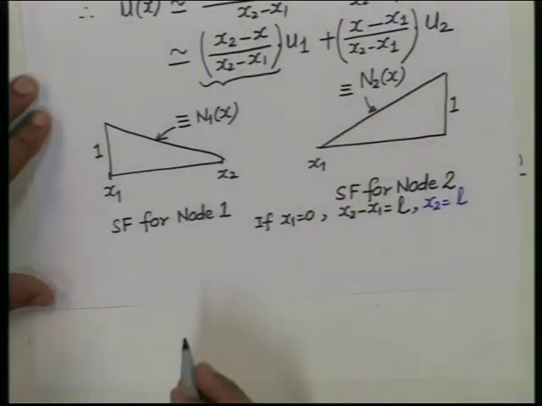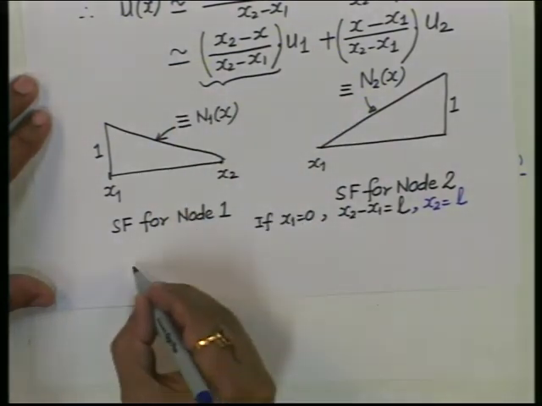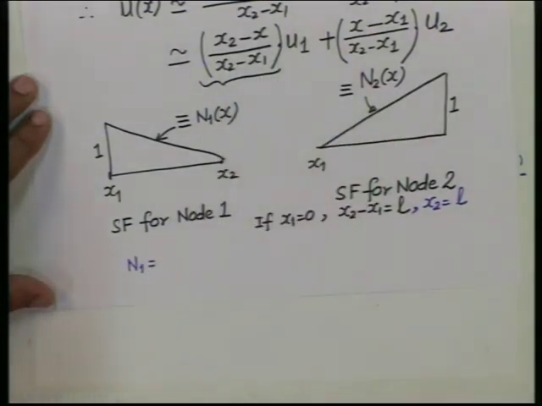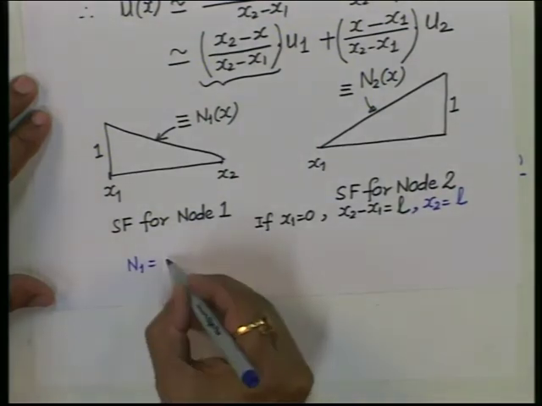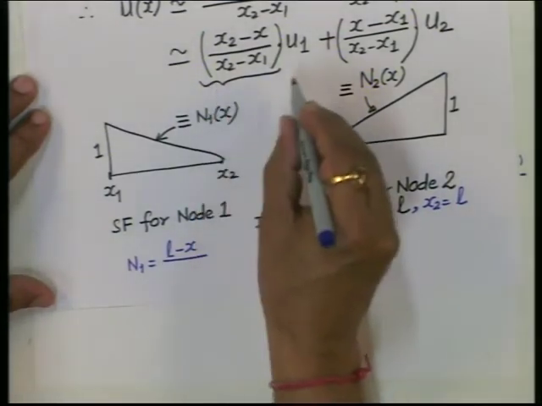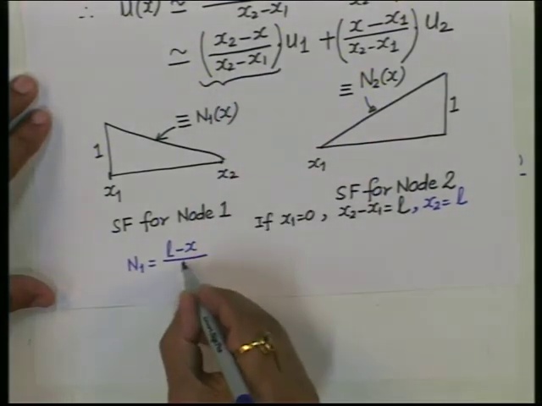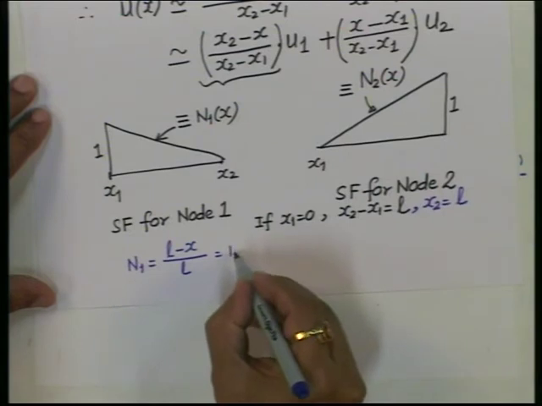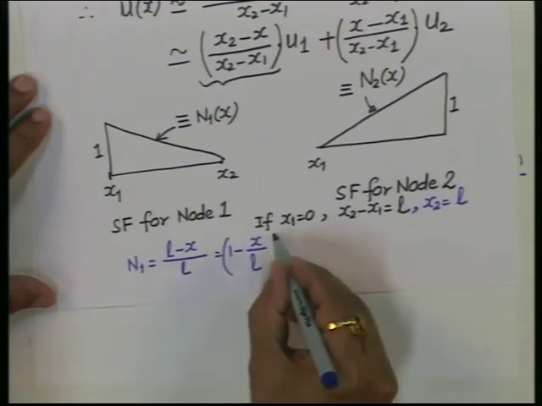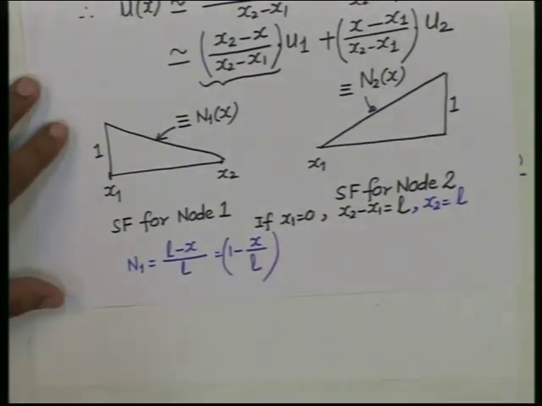So, it will be the first one. Therefore, this N1 will be (L minus x) divided by (x2 minus x1), that is L. So, that is 1 minus x by L. I think yesterday I gave you this.